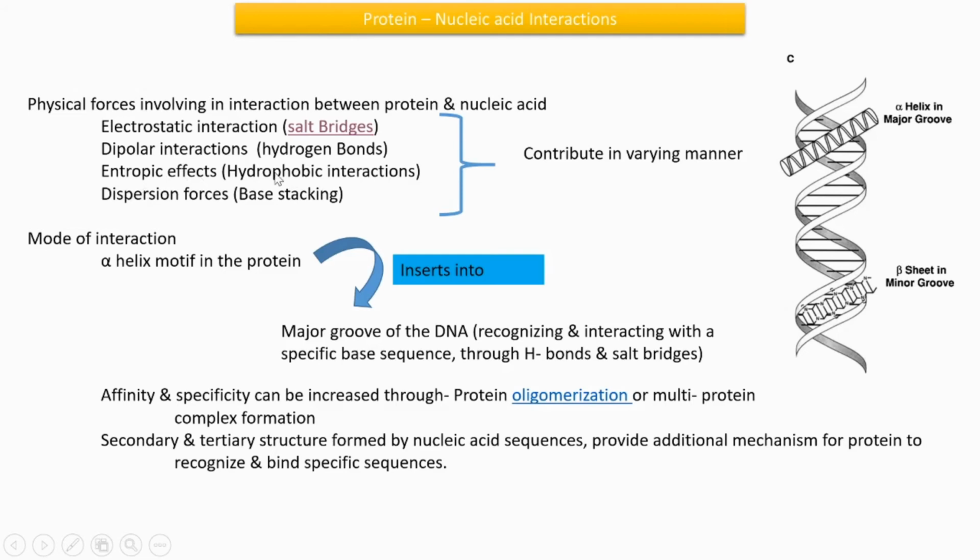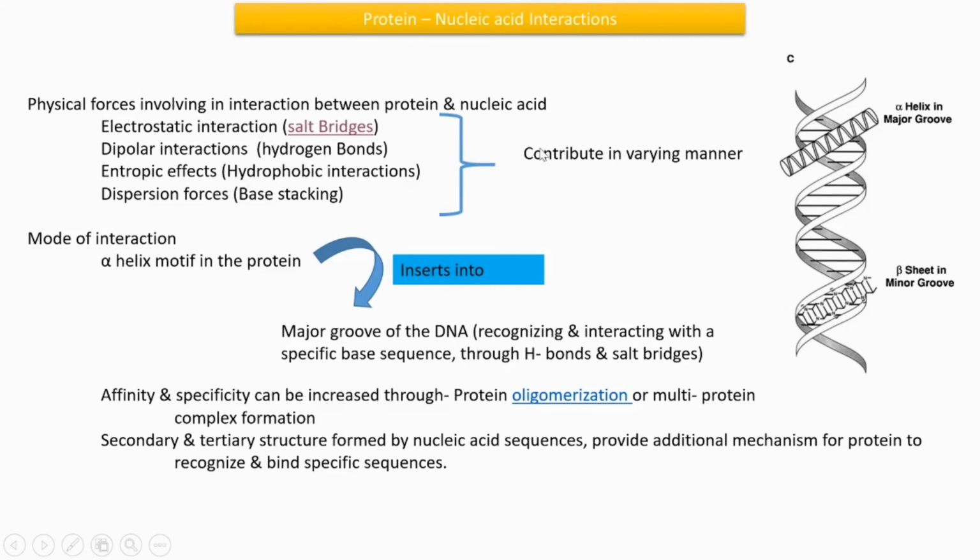Proteins make many hydrophobic interactions with DNA or a nucleic acid, and dispersion forces are also present between the protein and nucleic acid. Dispersion forces are the type of forces occurring in base stacking. Base stacking means the ordered arrangement of base pairs along the DNA double helix. These are the main physical forces.